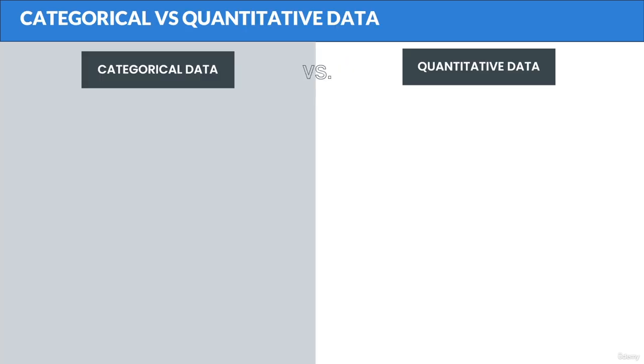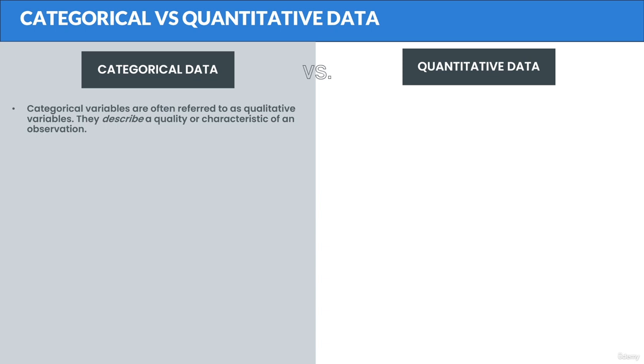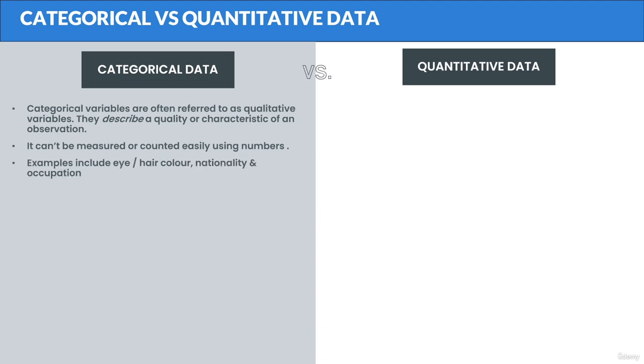Starting out with categorical variables, these are often referred to as qualitative variables, and these just describe a quality or characteristic of an observation. And many of the quantitative or numerical operations aren't suitable for these types. Some good examples of qualitative variables include eye or hair colour, nationality, and occupation.